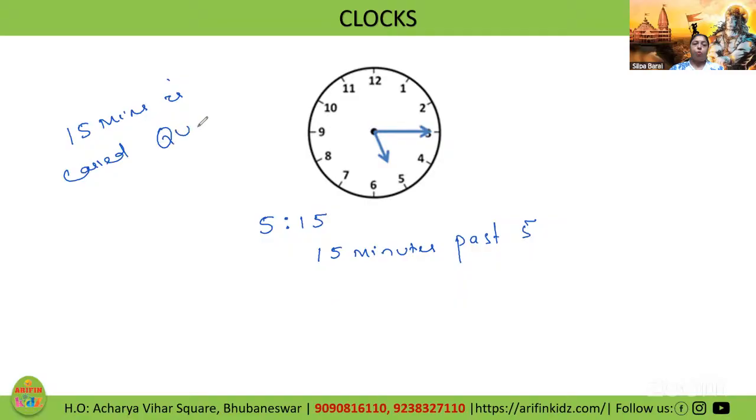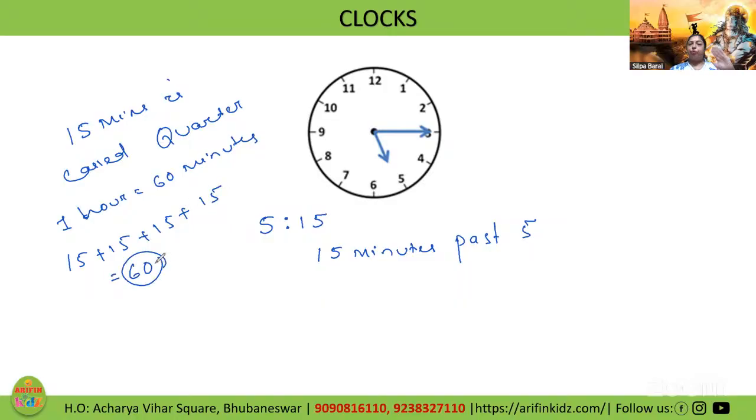Quarter. Why quarter? Because 1 hour is 60 minutes. If you divide 60 minutes into 4 parts, see 15 minutes plus 15 minutes plus 15 minutes plus 15 minutes, this is 60 minutes. So 15 minutes is a part of this, a quarter.